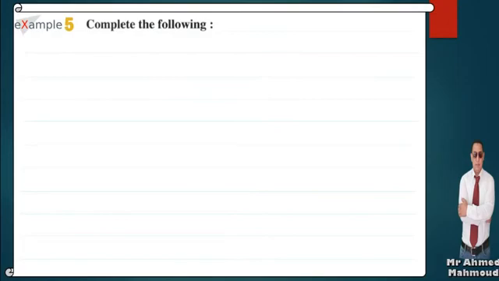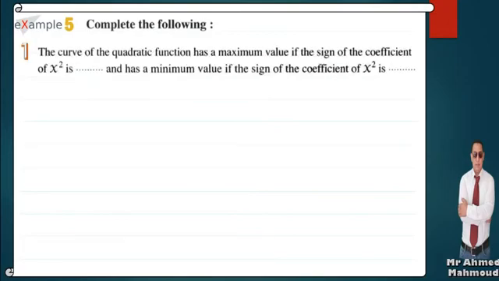Here example 5. The curve of the quadratic function has a maximum value if the sign of x power of 2 is negative.